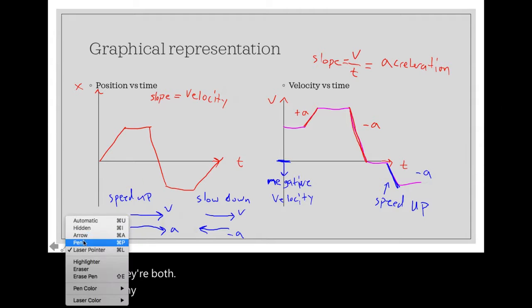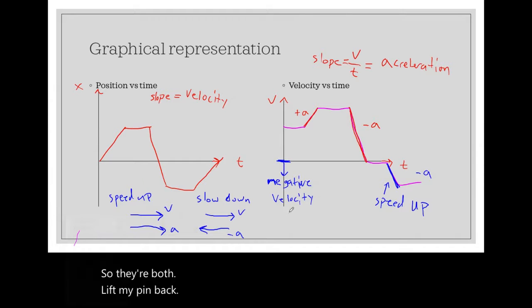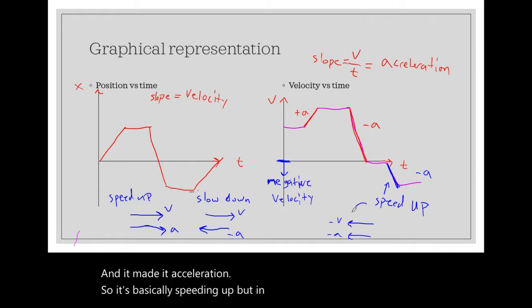Let me get my pen back. So over here you have negative velocity and a negative acceleration. So it's basically speeding up, but in the negative direction. Okay.